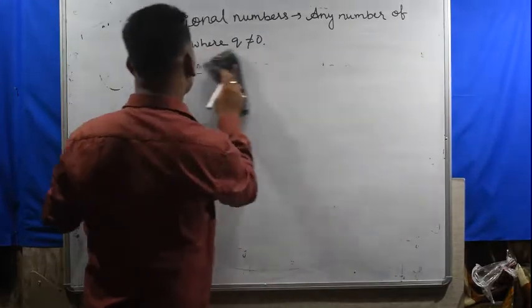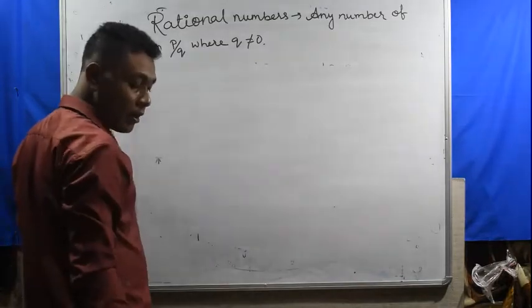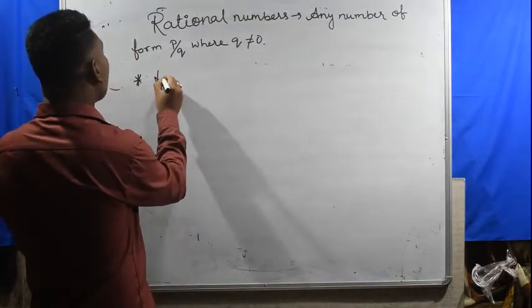Now let's see the difference of two rational numbers. Let us see with the same example, 1 by 2 and 2 by 3.